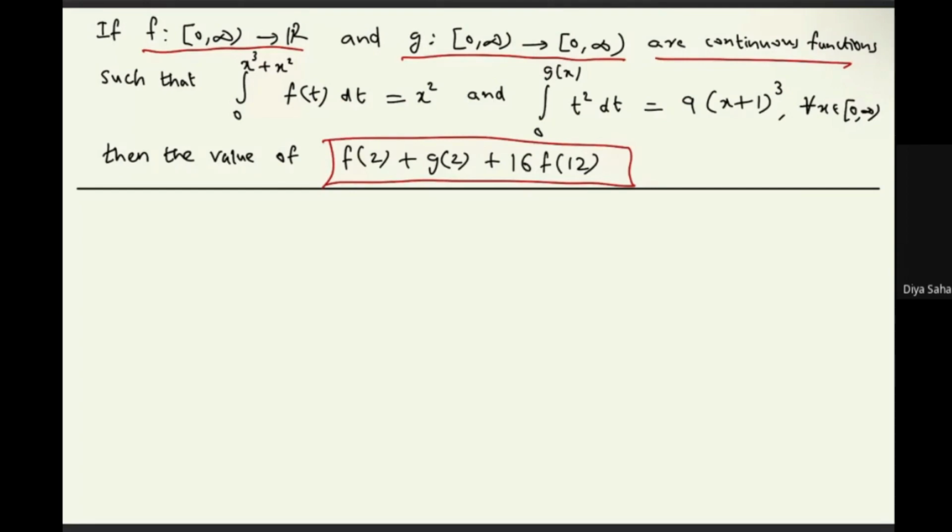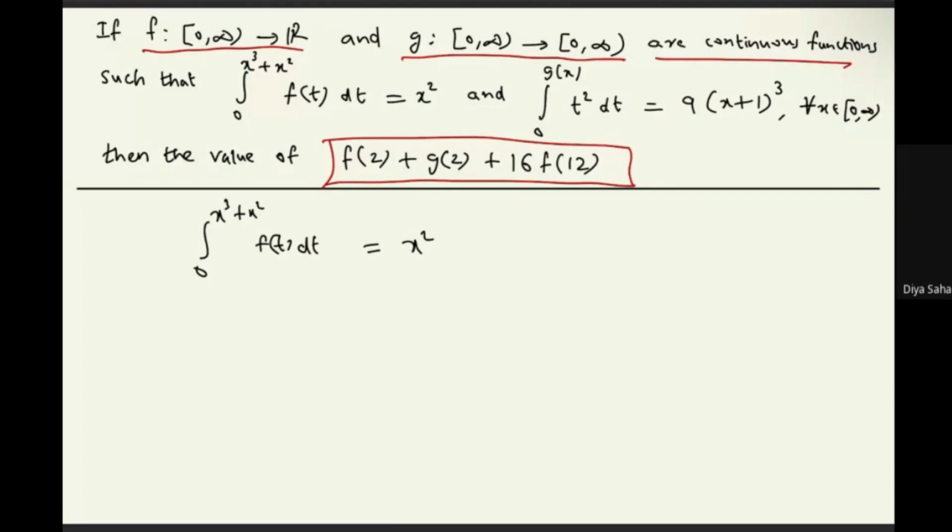Using this, can you get any information about f using this equation? How do you extract some information about f from this integral equation? Because we need to know about f and g, in fact.